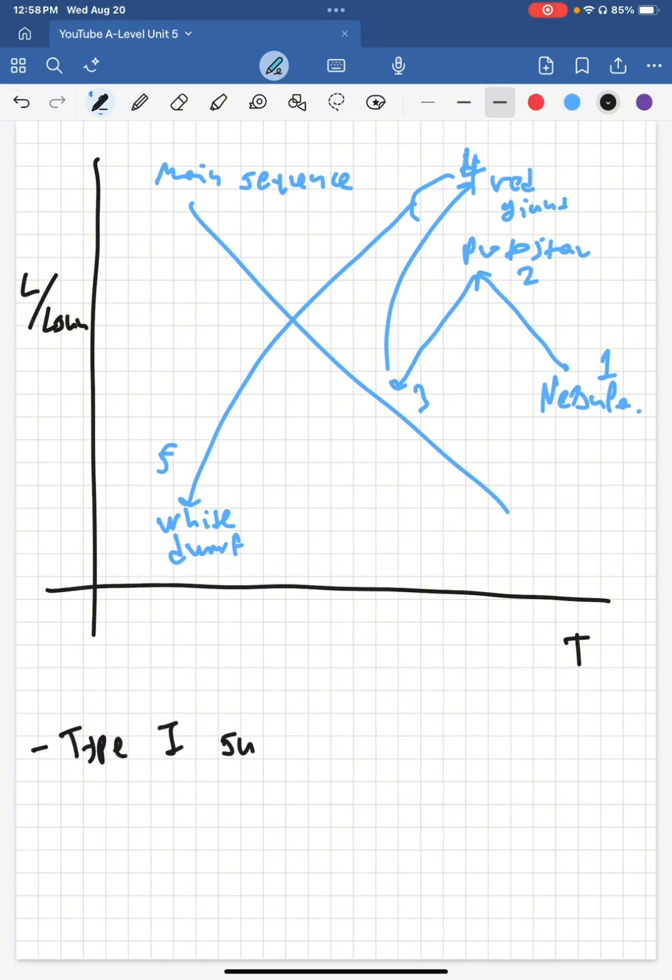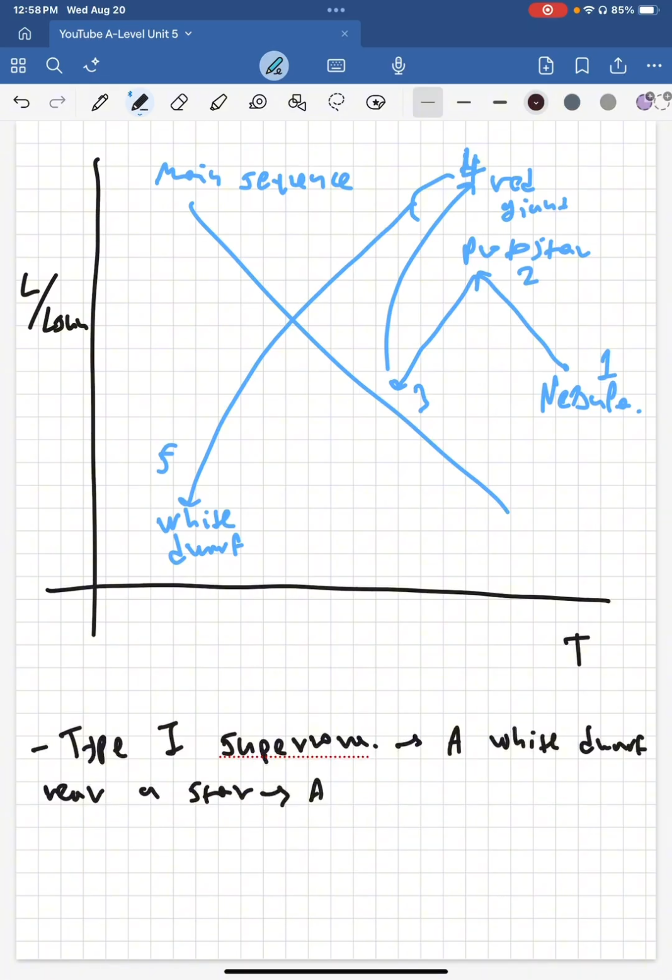What is a type 1 supernova? This happens when you have a white dwarf near a star. The white dwarf absorbs material. Let's write it down: white dwarf absorbs material from the star.